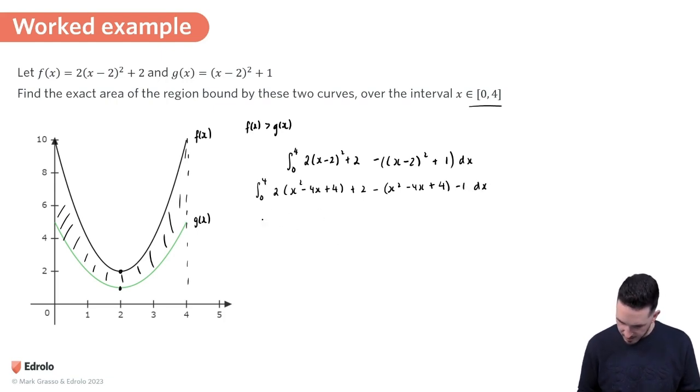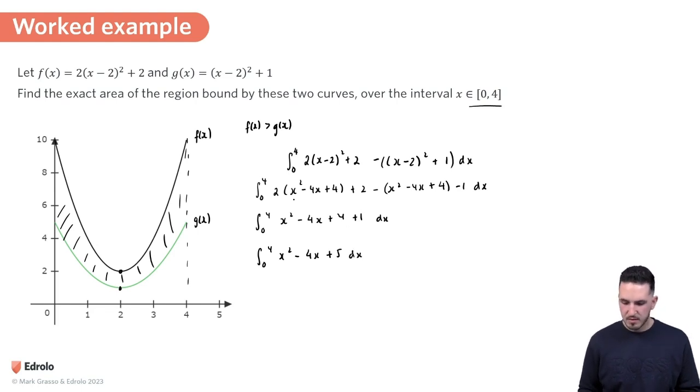And then now we would have the integral from 0 to 4 of x squared minus 4x plus 4. The plus 2 minus 1 is going to be 1, so plus 1 dx. We're left with the integral from 0 to 4 of x squared minus 4x plus 5 dx.